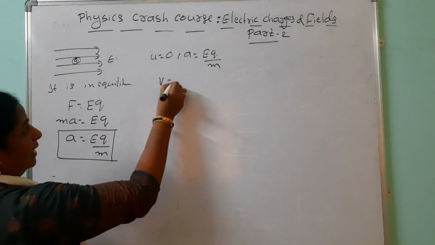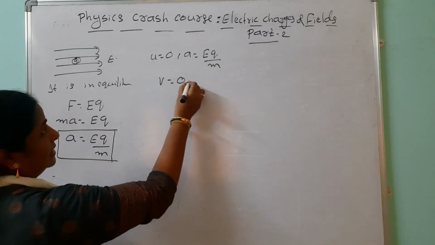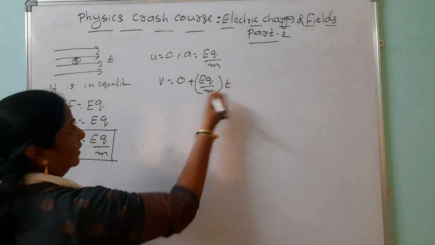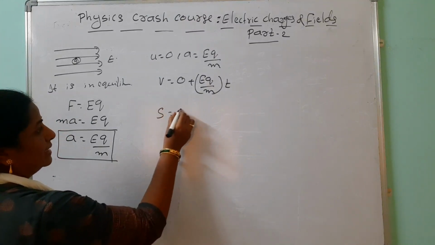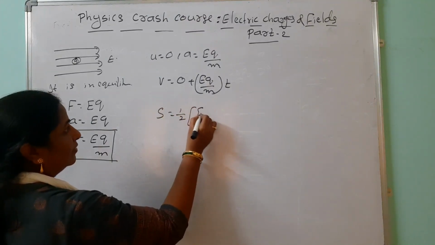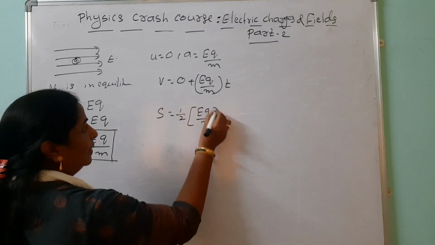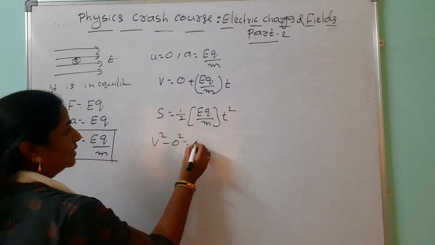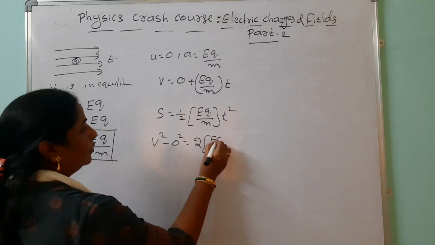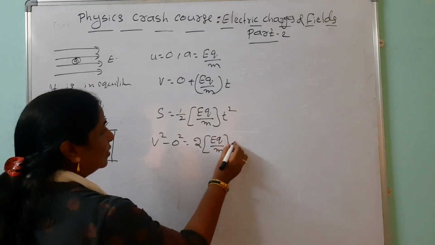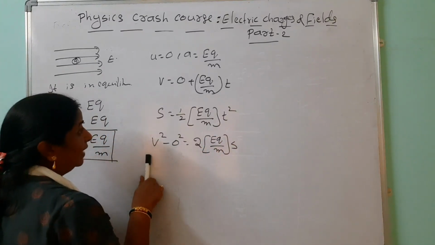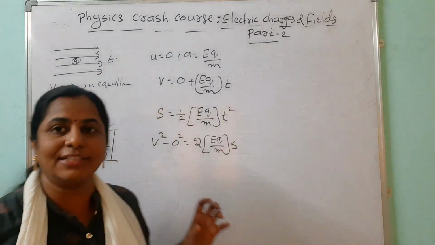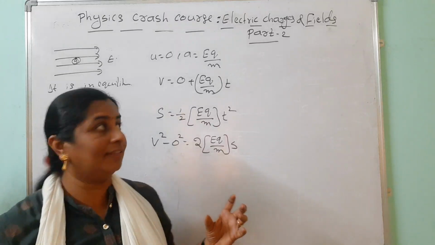Then final velocity, with initial velocity 0, is EQ by m into t, instead of acceleration, v equals u plus at. s equals half into EQ by m into t square. Then v square minus 0 square equals 2 into EQ by m into s. So with the help of this, we can find the final velocity and displacement of that charged particle in the uniform electric field.